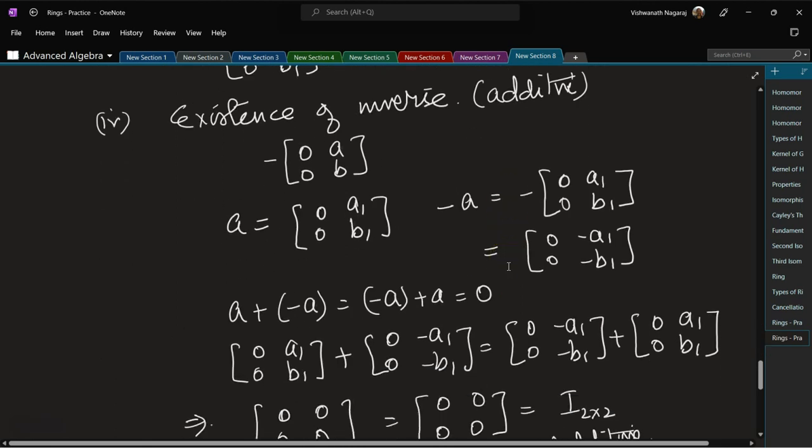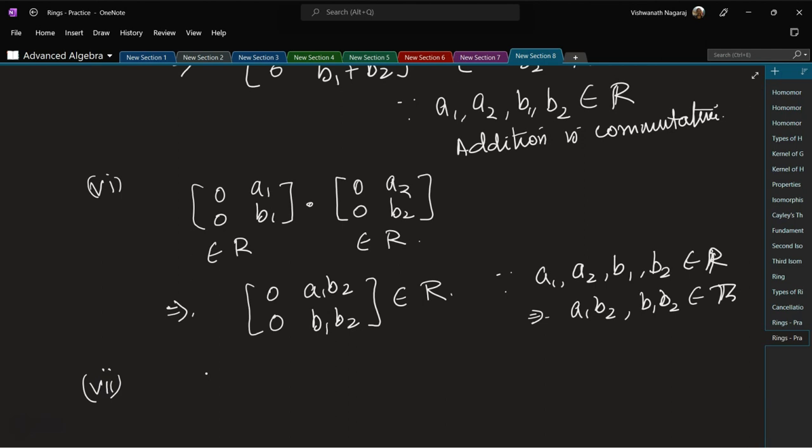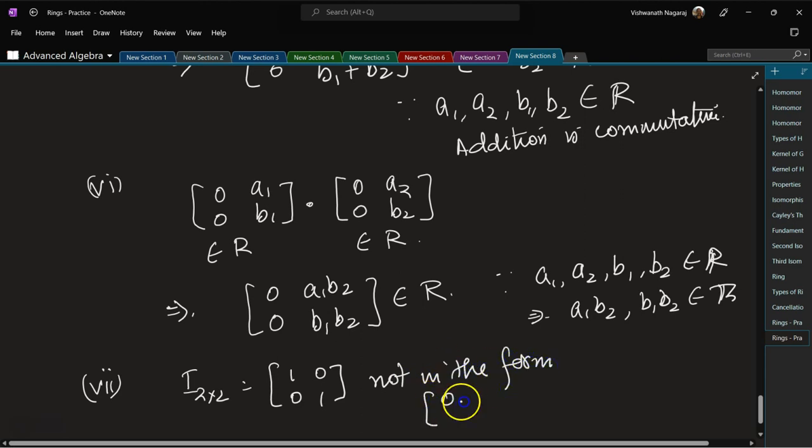Okay, next is existence of multiplicative identity. So we know in case of matrices, I is the multiplicative identity, right? But the multiplicative identity I 2 by 2 is equal to [1, 0; 0, 1], which is not in the form of the required matrix, that is [0, 0; A, B], right?